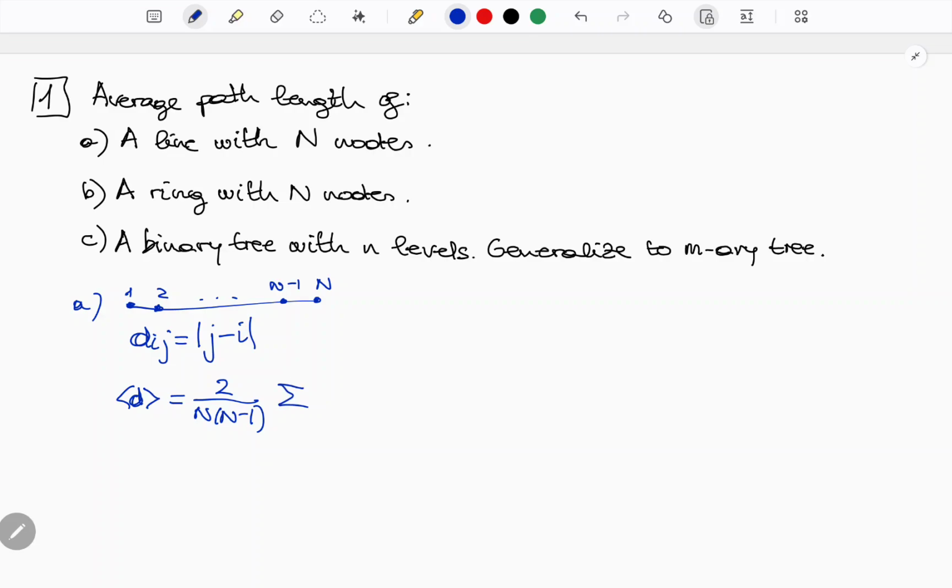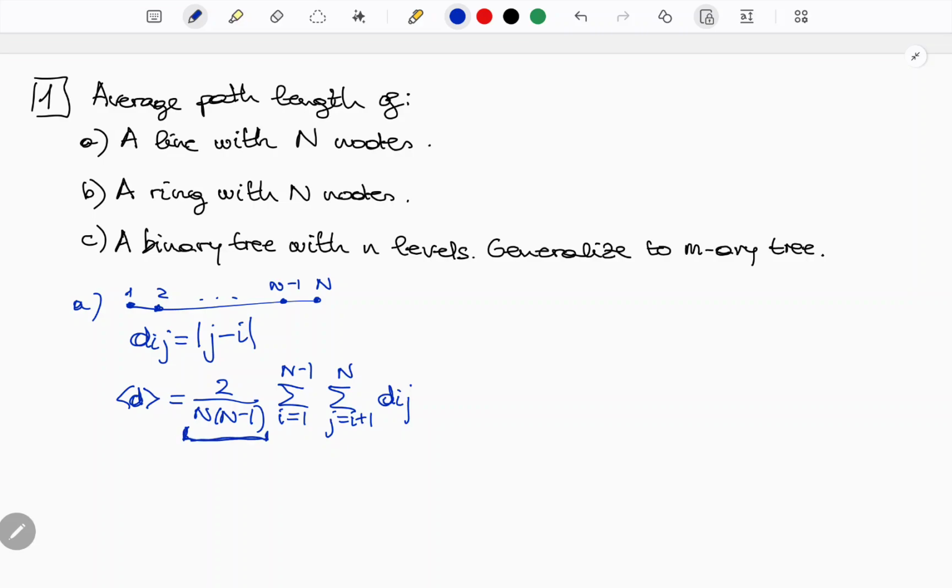Times the summation from i equal to 1 until n minus 1 of the summation from j equal to i plus 1 until n of dij, right? This is the right definition, and this is the right normalization, okay?